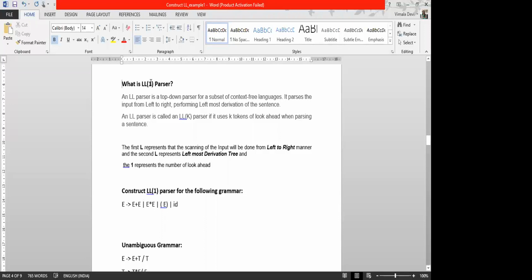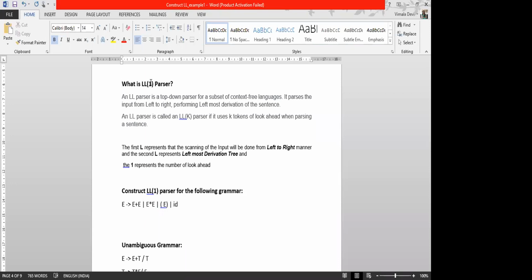What is the meaning of the number? When the parser is deriving the string from the grammar, how do we derive the string manually? We try to choose from the alternatives, right? This rule may lead to the derivation of the string. Suppose a variable has two alternatives, we will be trying to choose from those alternatives. The parser also has to do that.